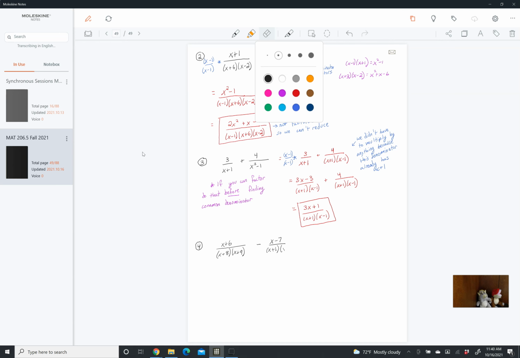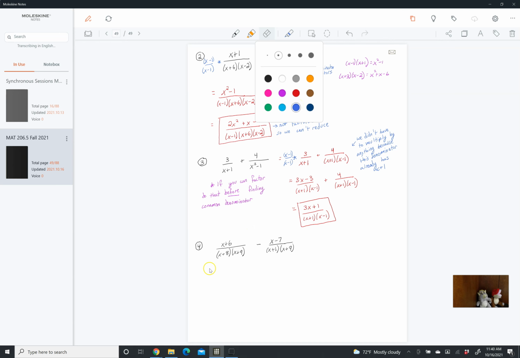I'm not worried about putting factoring into all of these because you know how to factor at this point. So we'll practice factoring in the next two, but we don't have to practice factoring for all of them, okay? I want you to see how to find the lowest common denominator. So I want you to practice using this one.